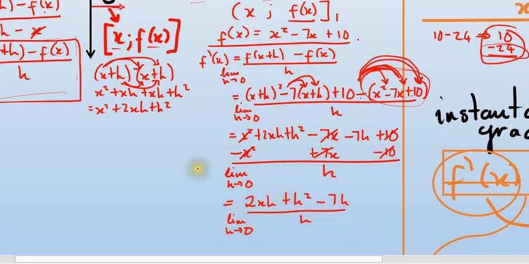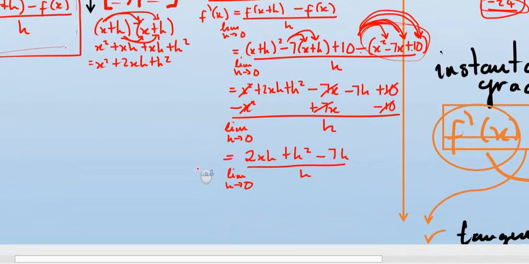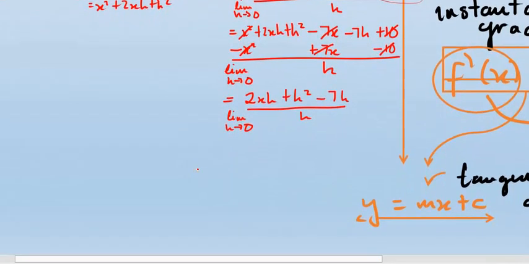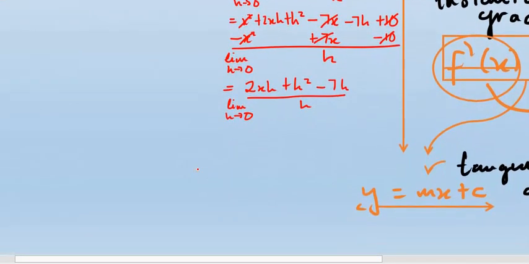Alright, interesting. Let's continue with it then. Now that means I can factorize h. Notice h is common.